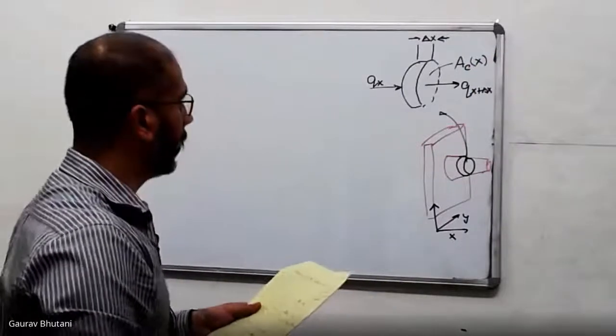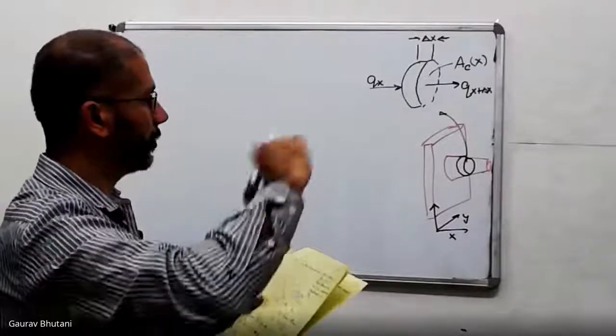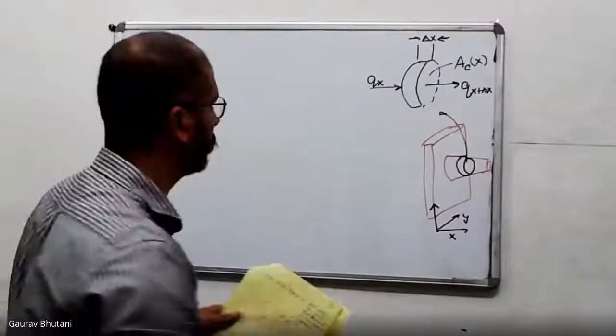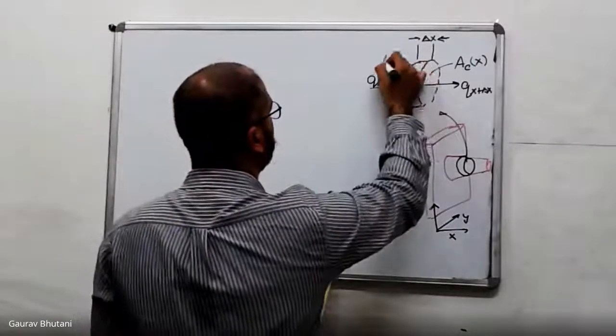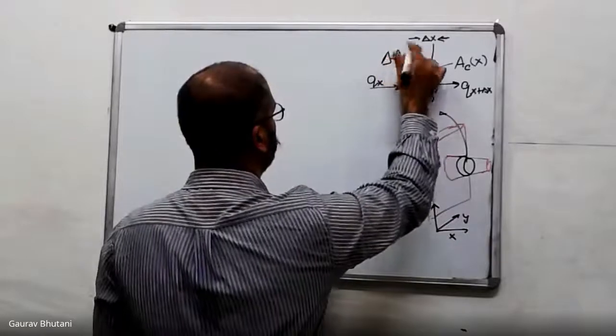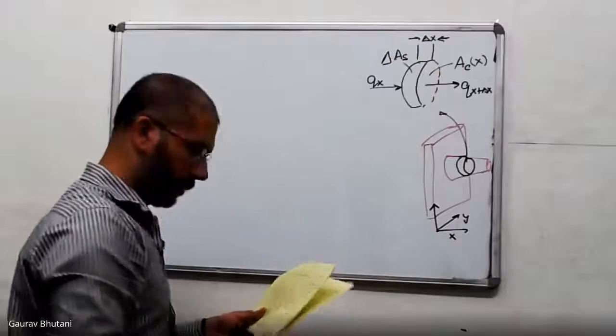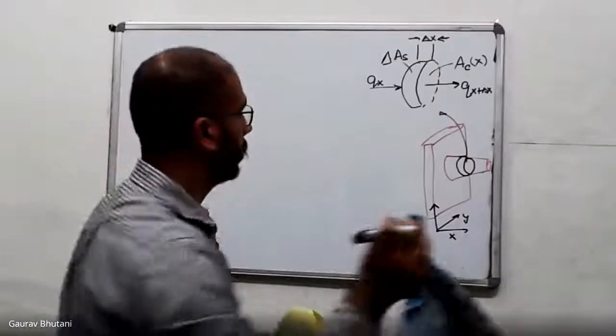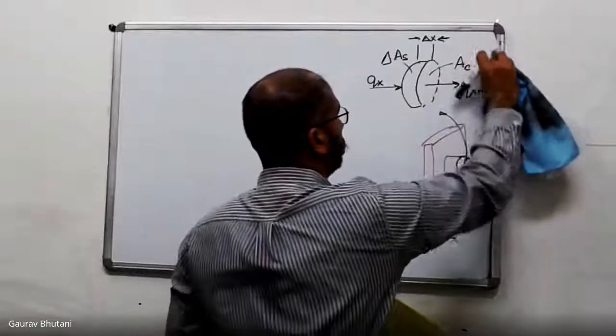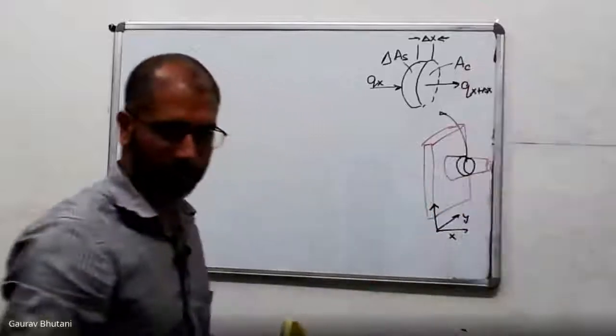You also have a lateral surface area, which we'll call delta AS. I will remove this functional dependence, just mention that so that you remember this.